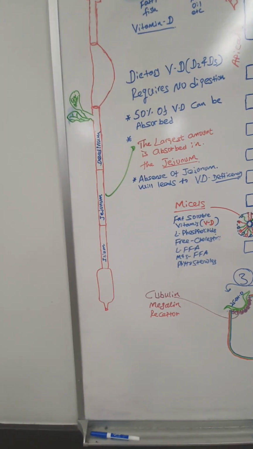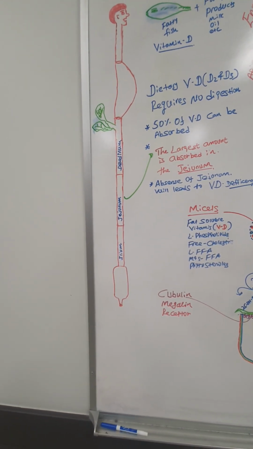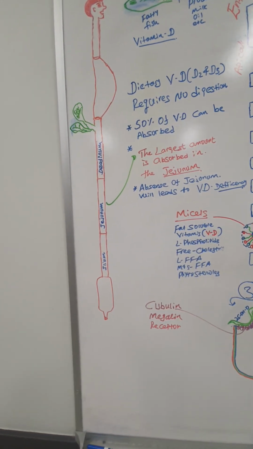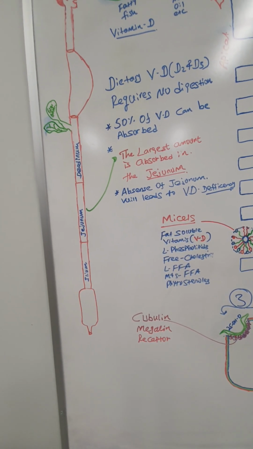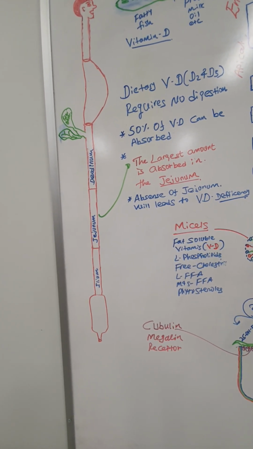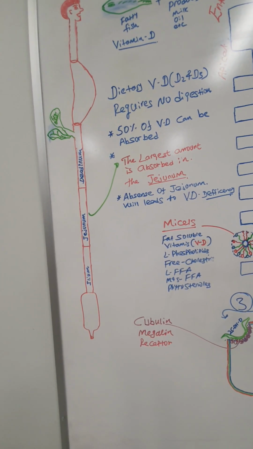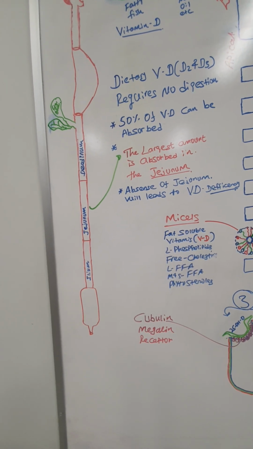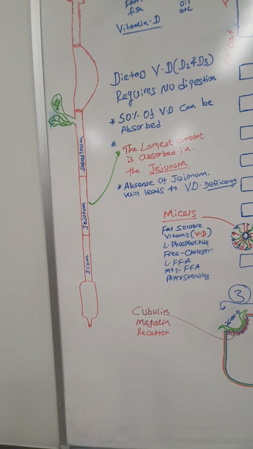After vitamin D is ingested, it will reach the duodenum first, together with other fat molecules. As you may know, vitamin D is a fat-soluble vitamin, so it will form micelles with different kinds of lipid materials, such as triacylglycerol, lysophospholipid, free cholesterol, free phytosterols, and also bile acids.